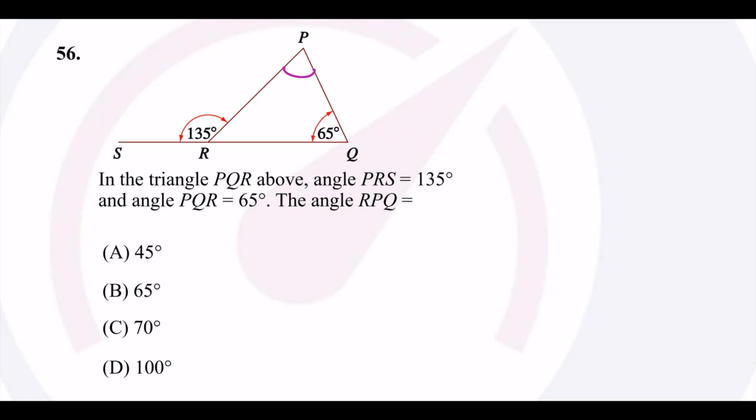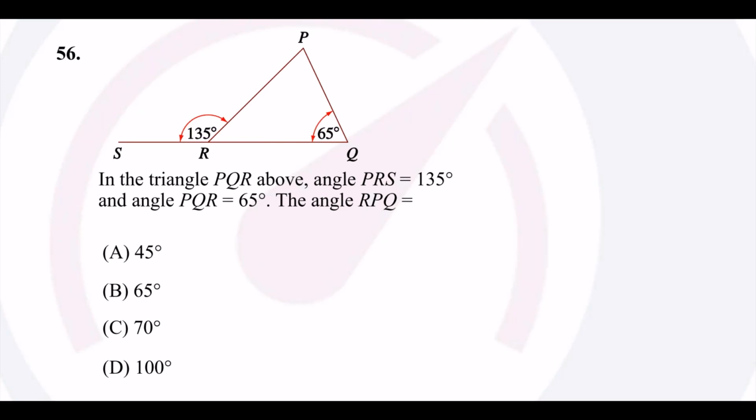Now what we normally know is that this angle plus this angle equals this angle, the sum. So when we add these two angles, we normally get this angle here. So it'll just be a basic subtraction.